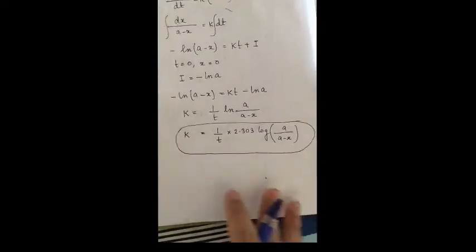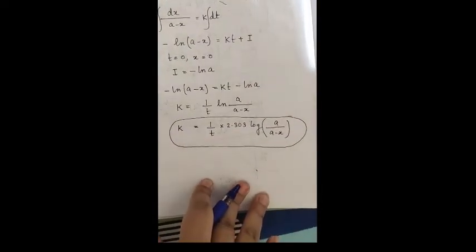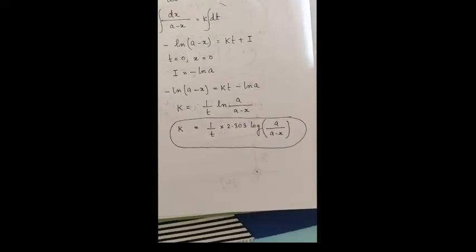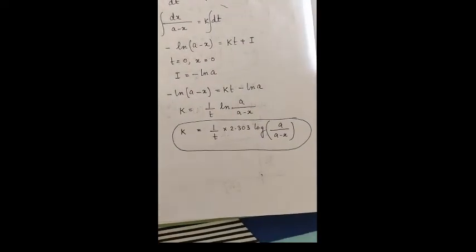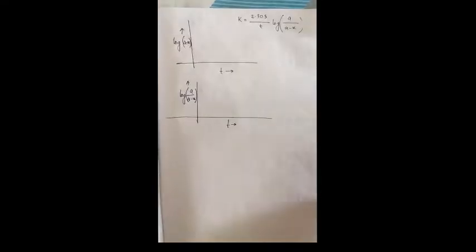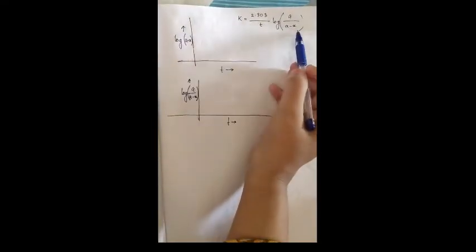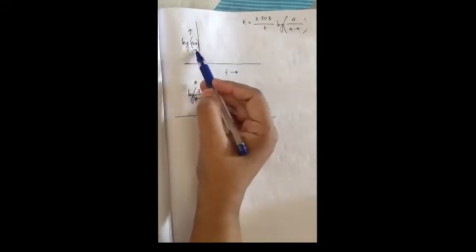So at half-life, t half becomes A0 by 2K. In this expression I am bringing t here and K here, so it becomes A0 by 2K. So this is the expression of half-life for a zero order reaction.